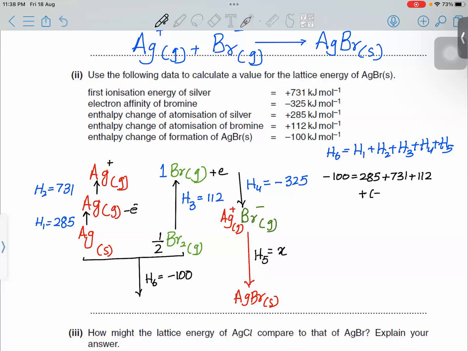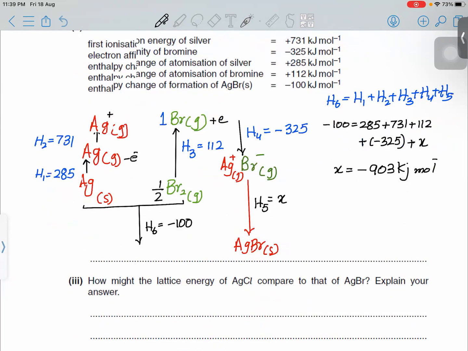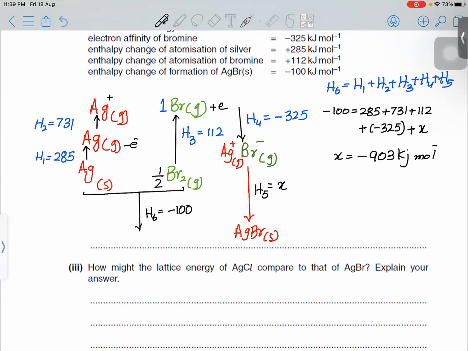H4 is minus 325 and X. So can anyone tell me the value of X? So minus 903 kilojoules per mole. Minus 903 kilojoules per mole.